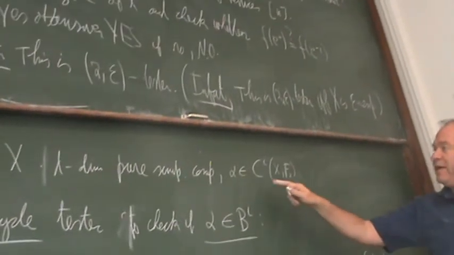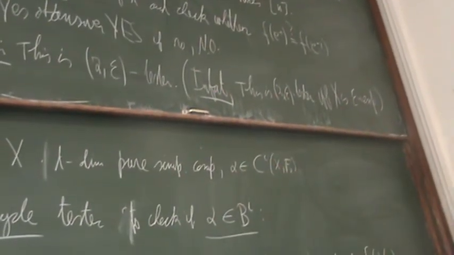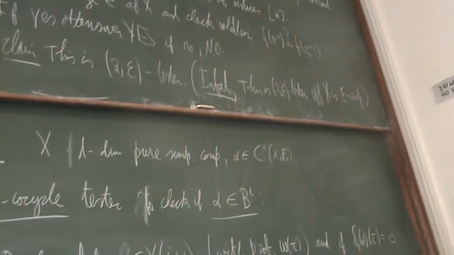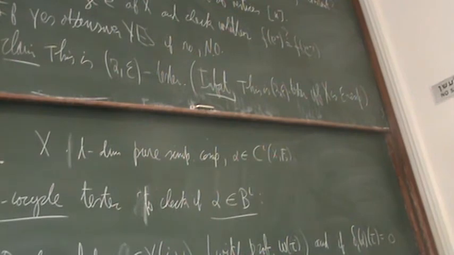Now I'm giving a co-chain in CI, and I want to check whether this is a co-boundary. And the claim is that this works, so let's prove it. If indeed this is a co-boundary, then every co-boundary is a co-cycle.